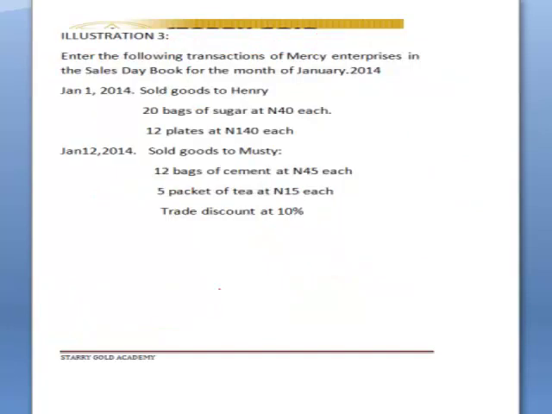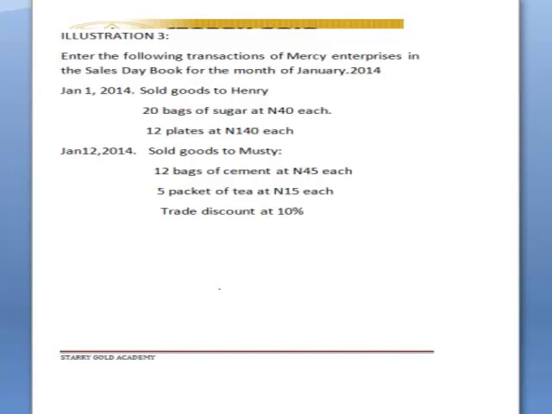There is a question we have, and let's quickly use that question as a case study for the sales day book. Enter the following transactions of Mercy Enterprise in the sales day book for the month of January 2014. January 1st, 2014, sold goods to Henry, 20 bags of sugar at 40 each, 12 plates at 140 each.